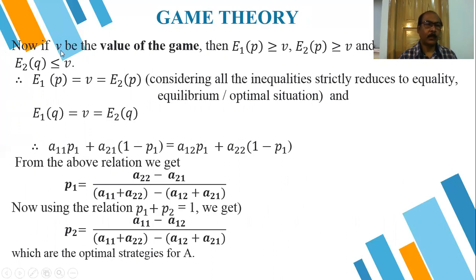Now, if V is the value of the game, then the expectations E1(P) and E2(P) are greater than or equal to V, and the expectations E1(Q) and E2(Q) are less than or equal to V. So the expected gain is greater than or equal to V, the value of the game, and the expected loss is less than or equal to the value of the game.